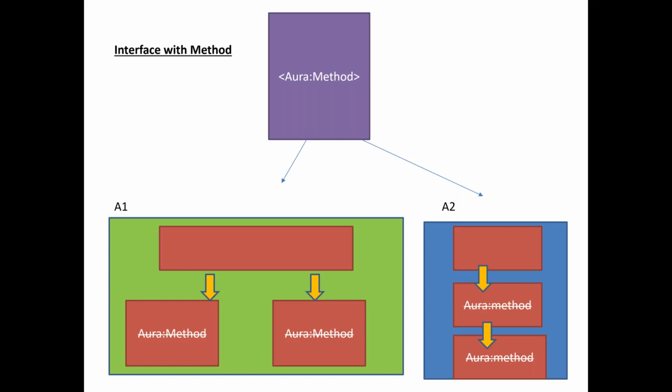You declare the method inside the interface and you can use it in the same application, multiple applications, but they work individually. This sharing of method is called interface with method. The way we shared attributes, now we are sharing method. In a project, I don't need to create 100 methods. I can just create one method and I can use it in 100 components in 50 applications.